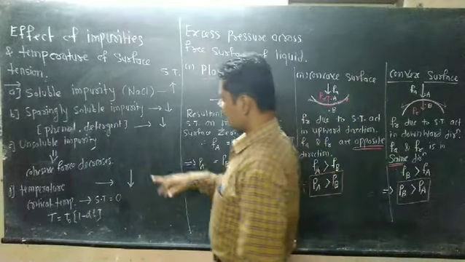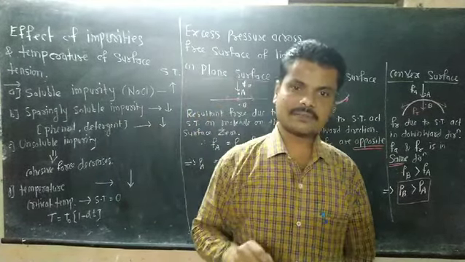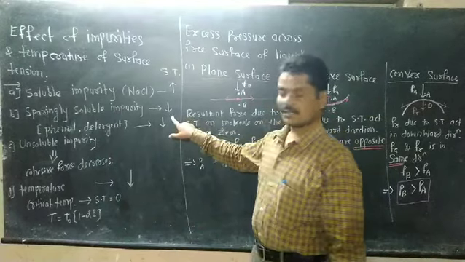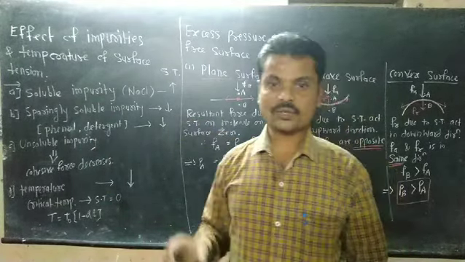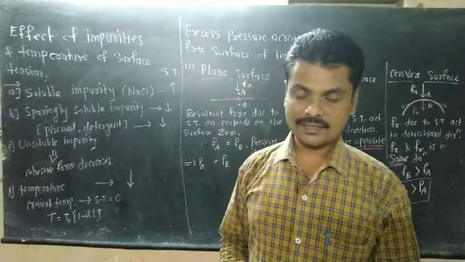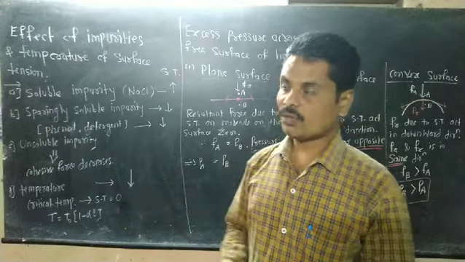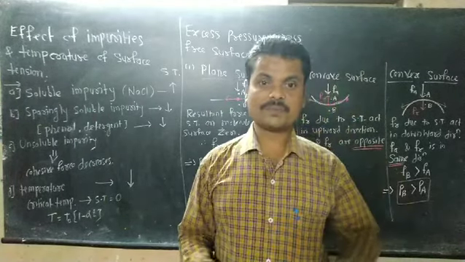When you add this sparingly soluble impurity to the water, the surface tension of water goes down, that is, it decreases. So the surface tension of pure water is maximum as compared to the surface tension of soap water.